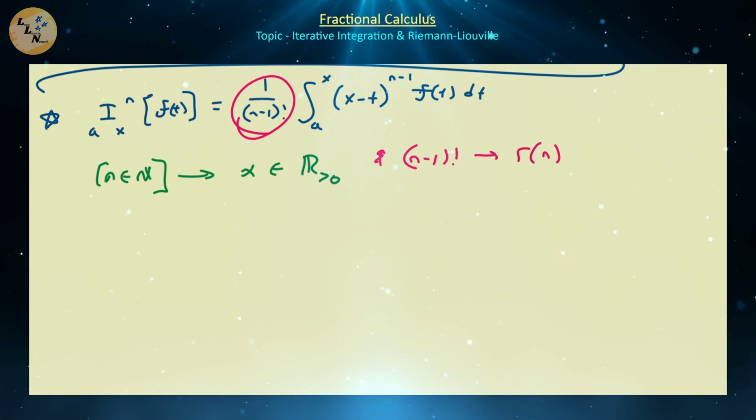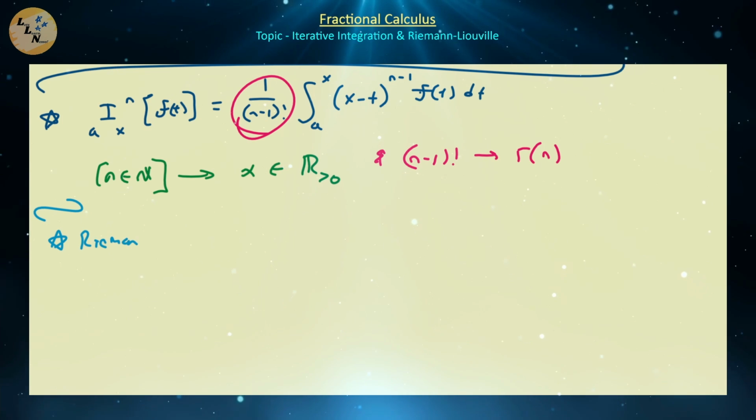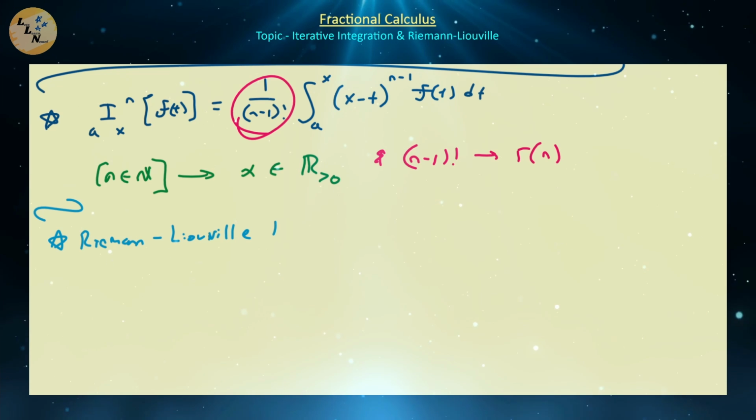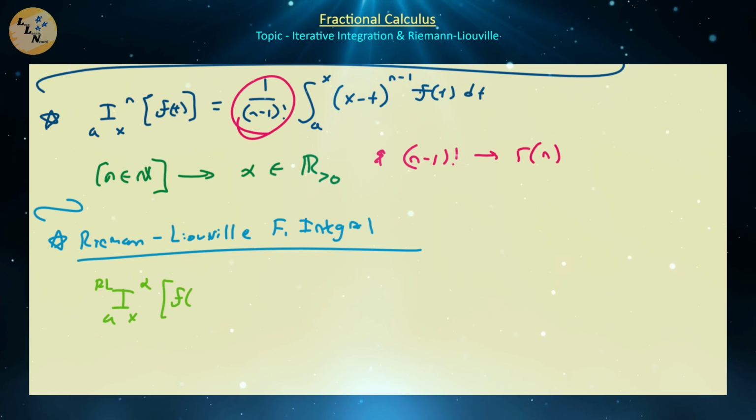So when we perform these extensions, we get what is referred to as the Riemann-Liouville fractional integral. So the Riemann-Liouville fractional integral via these approaches is going to be equal to I_a^x, and we're going to abbreviate that by RL in the top left-hand side, of alpha of f of t, and that's going to be equal to 1 divided by gamma of alpha.